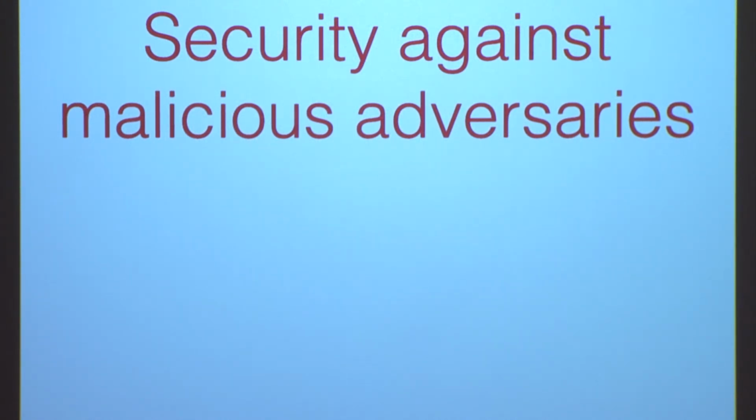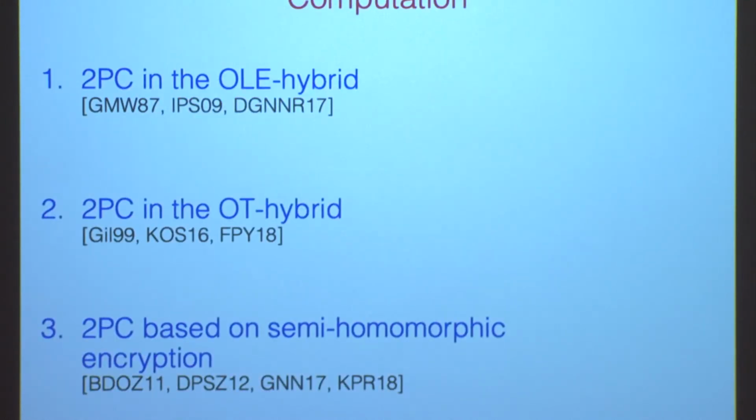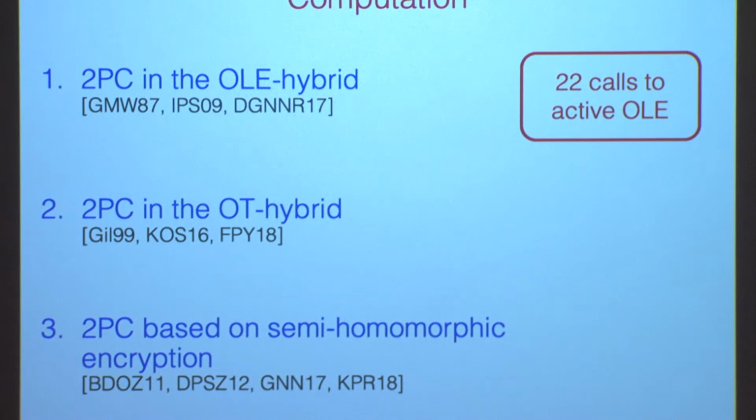But first, I'm going to tell you about some earlier works on how to amplify security specific to the arithmetic setting. Using the OLE primitive between two parties to get malicious security, there is a work that roughly says I need to do 22 OLE operations per multiplication in my computation. The overhead is roughly 22; that's how you should read it.